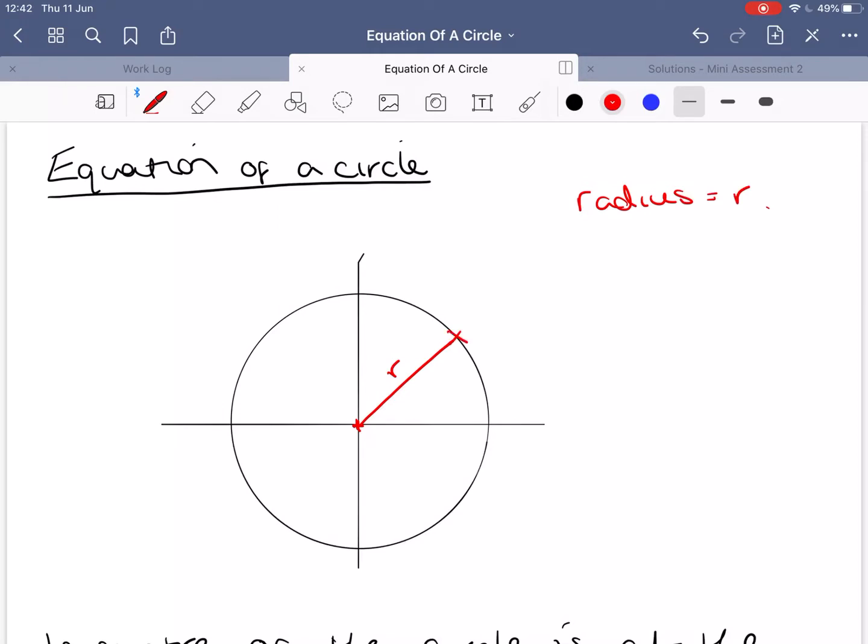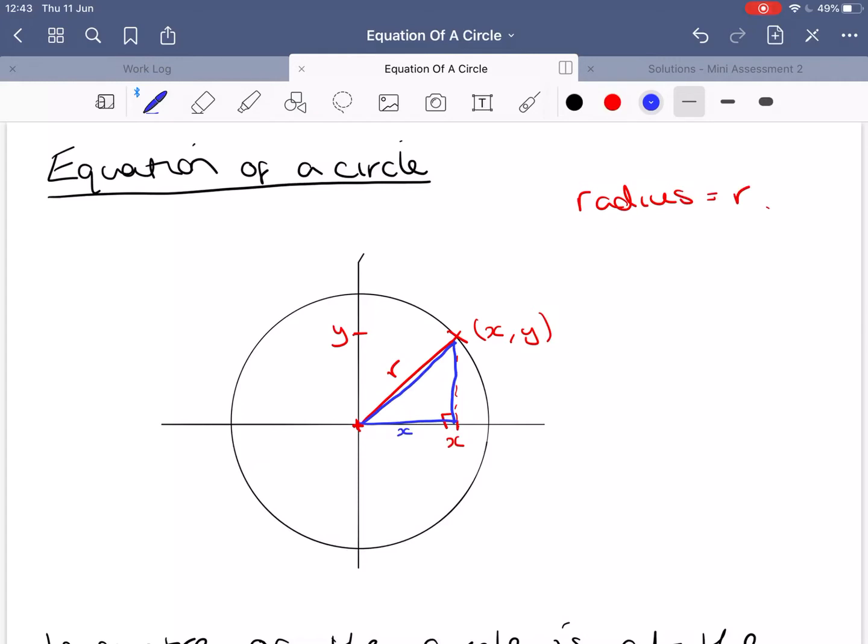If I think about the coordinates of this point, I'm going to say it's just got the coordinates x, y. So if I drop my line down here, that's at x, and it's at a height of y. And if I use Pythagoras, if I create this triangle, in a different colour, the length of the base of this triangle is x because it's going from the origin to x.